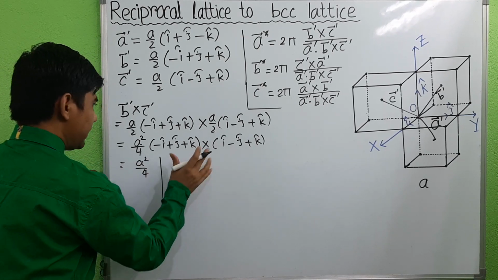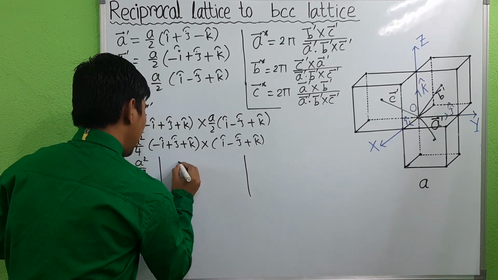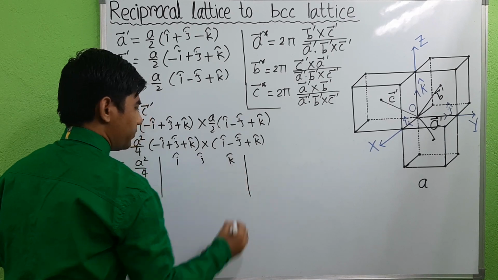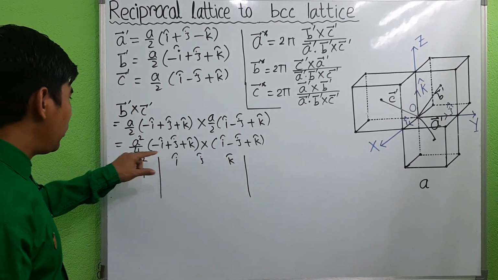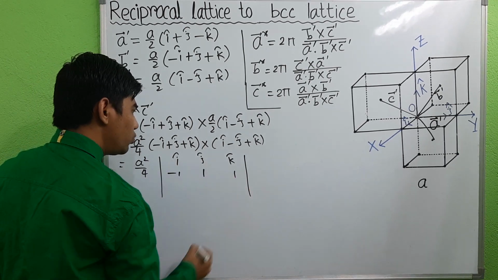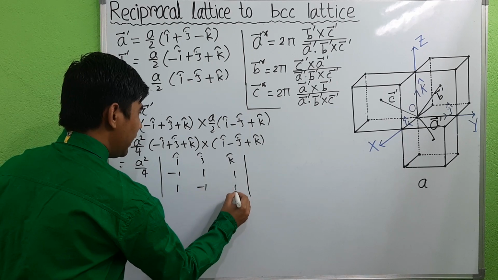If we write it in determinant form, we get a square by 4 times the determinant with rows i cap, j cap, k cap; minus 1, plus 1, plus 1; and plus 1, minus 1, plus 1.